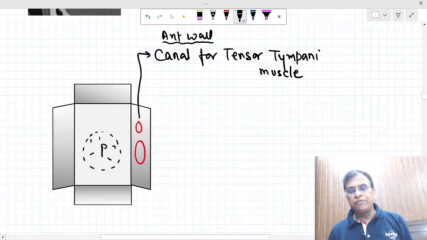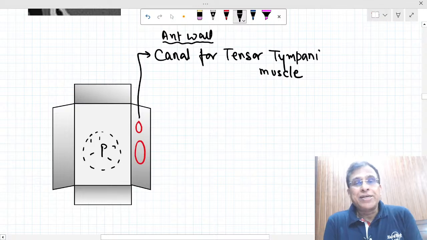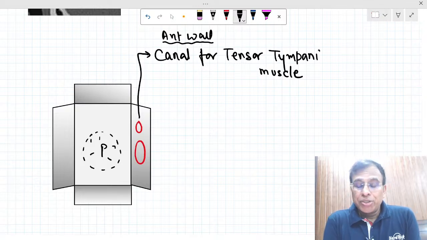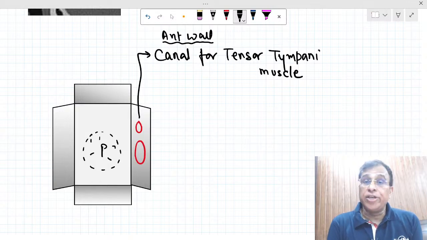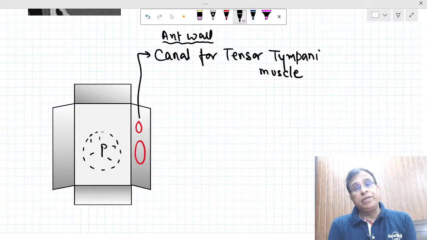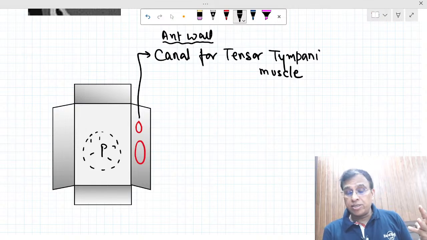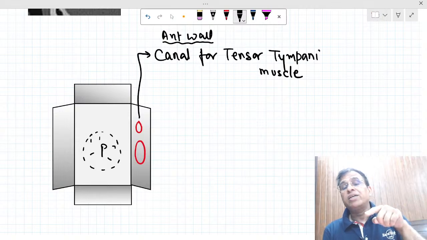It's called the canal for tensor tympani muscle. So what do you understand from this name? You understand this is a canal through which a muscle enters the ear, and the name of the muscle is tensor tympani. Obviously. When I was telling you we'll discuss three ossicles that we have done already, two muscles and two nerves, this is one of the muscles that we have to discuss. Only the name is important.